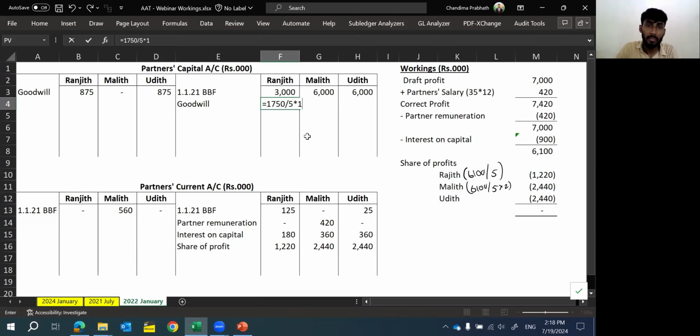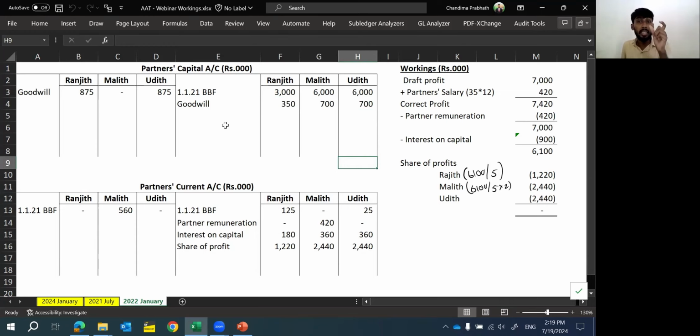Then for the 2s, 1,750 divided by 5 into 2, simply double this one, and the other is also the same. Now, if you see, the total is 1,750. Goodwill adjustment done. How to do it? Debit to partners' capital accounts at the new profit sharing ratio, credit at the old profit sharing ratio. Done.